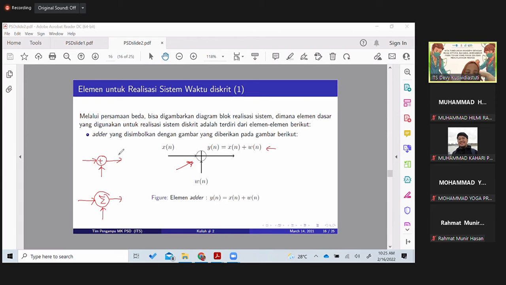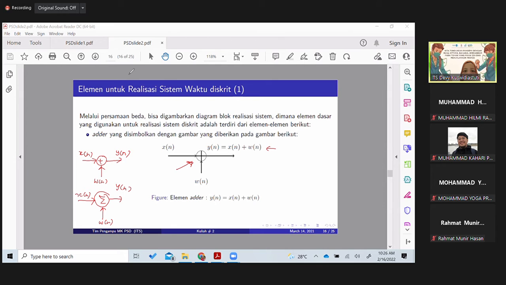Basically, it shows what the inputs of a system are and what the output of the system is. This is an adder for summation of the inputs.